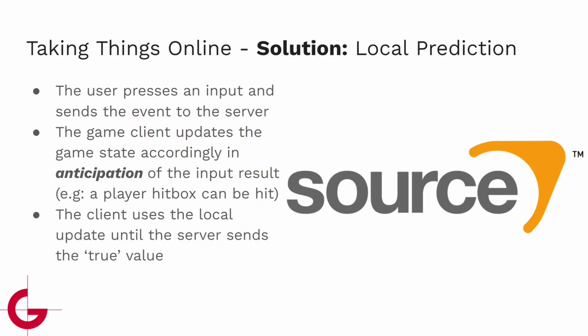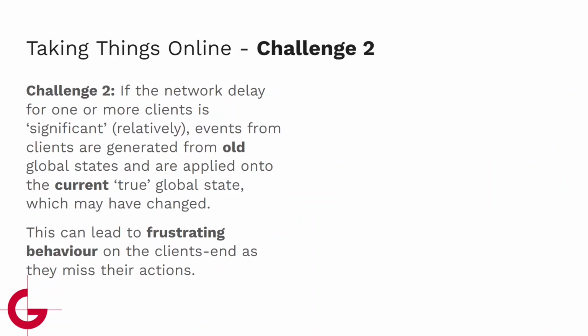And the client uses the local update until the server sends the true value. So that's how the Source engine sort of solved challenge number 1 that we introduced when taking things online.